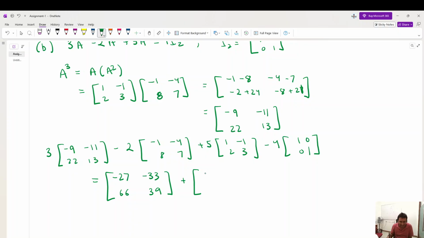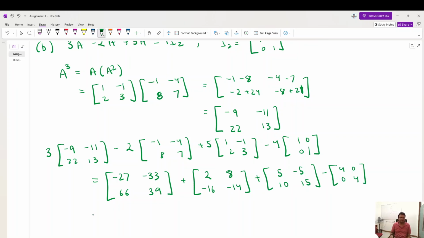So that is -2 into -1, plus 2. -2 into -4, plus 8, minus 16, minus 14. You can verify. Then plus multiply this 5, minus 5, 10, 15. So minus, let's write minus here. So this will be 4, 0, 0, 4. Otherwise, you can write just -4 directly.